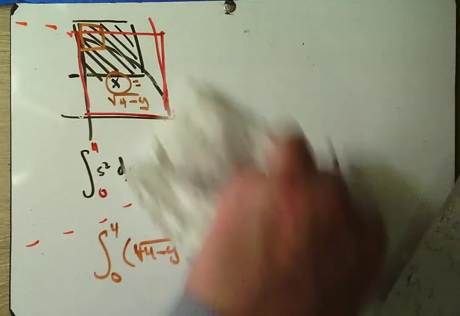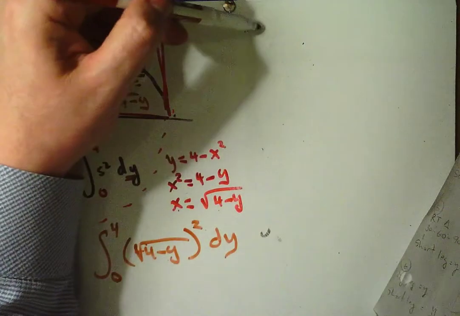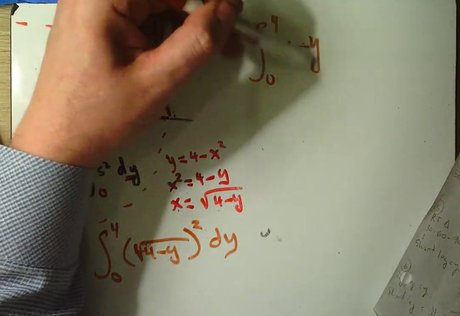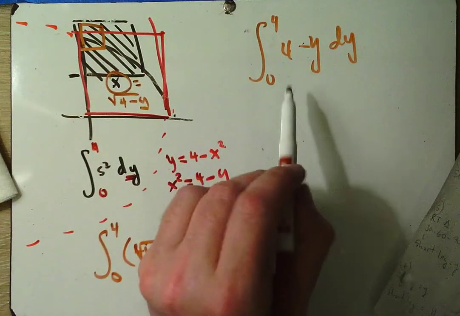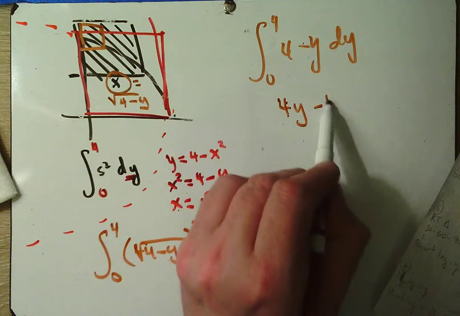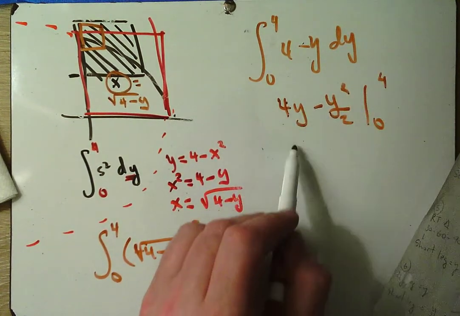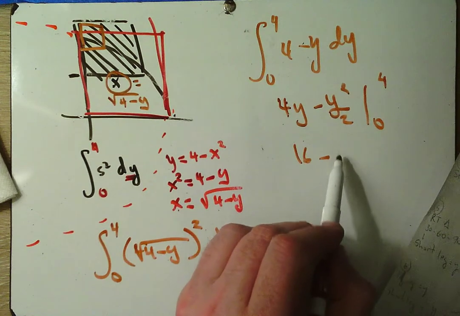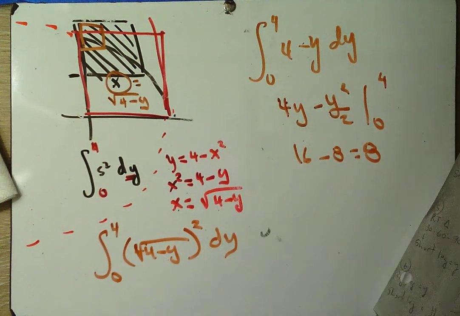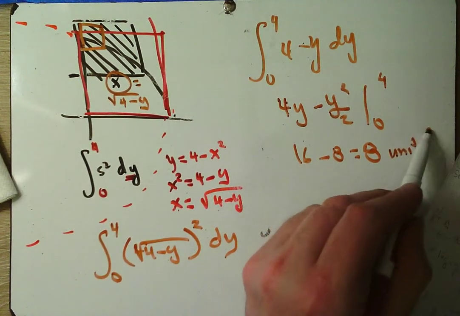So let's see what happens. Oh, but wait, squaring a square root, that's not a problem. I just get the integral from 0 to 4 of 4 minus y dy. Well, that's going to be 4y minus y squared over 2 from 0 to 4, which is 16 minus 16 over 2, 8, and I get 8 as the volume, 8 units cubed.